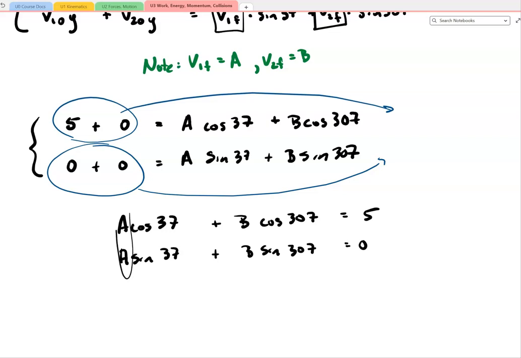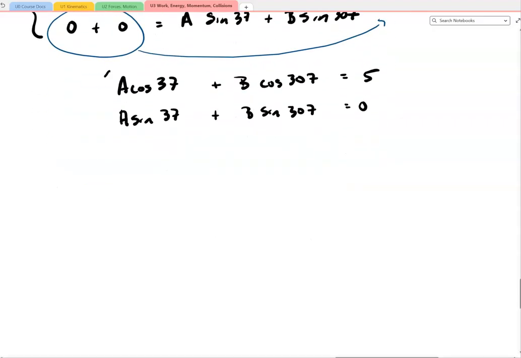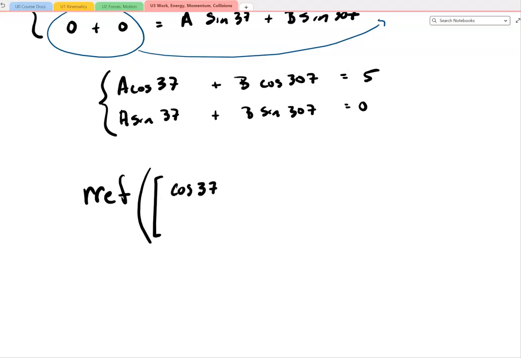And since A is our unknown variable and B is our unknown variable, then we can actually solve this with a matrix. So we'll set up the reduced row echelon form command against a matrix that has 2 rows and 3 columns, and we'll just require cosine of 307 or 37. We'll require cosine of 307 and 5, along with sine 37, sine 307, and 0.